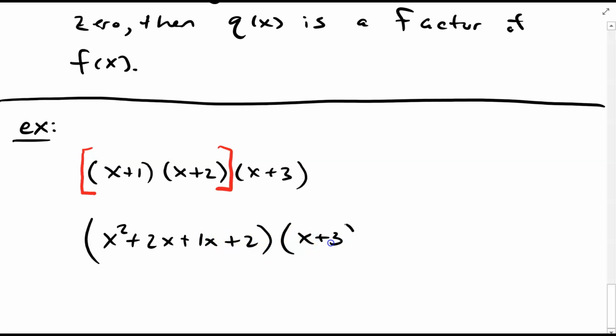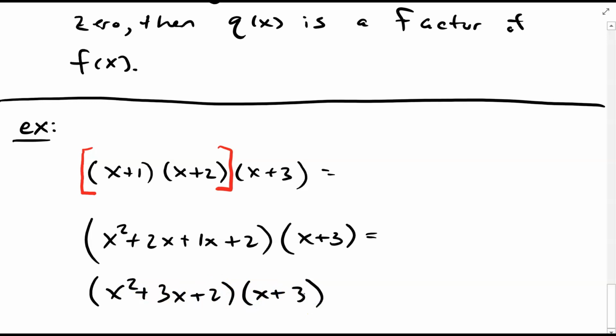And then I still have the x plus 3 at the end. And if I combine my like terms, I get x squared plus 3x plus 2 times x plus 3 still. This also looks like a problem that I would have done last semester.